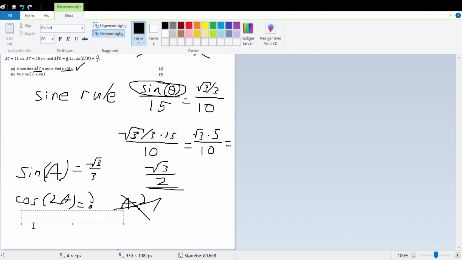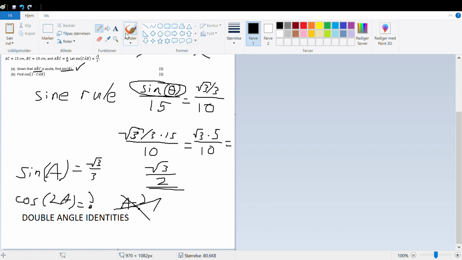And I'm going to write this down to save myself the trouble. Double angle identities. You can find these in the formula booklet. I'm just going to go by memory here, and I think that there is one that goes like this. So you have cosine 2A, or 2 theta, I think it's written as in the exam booklet.